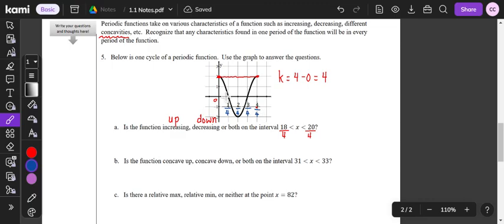Okay, so after one step, I am 1/4 of the way to my next hill. After 2 steps, I'm 2/4 of the way, or halfway there. After 3 steps, I'm 3/4 of the way there. And after 4 steps, I am all the way there. I am 4 over 4 is 1. I've completed one whole wave.